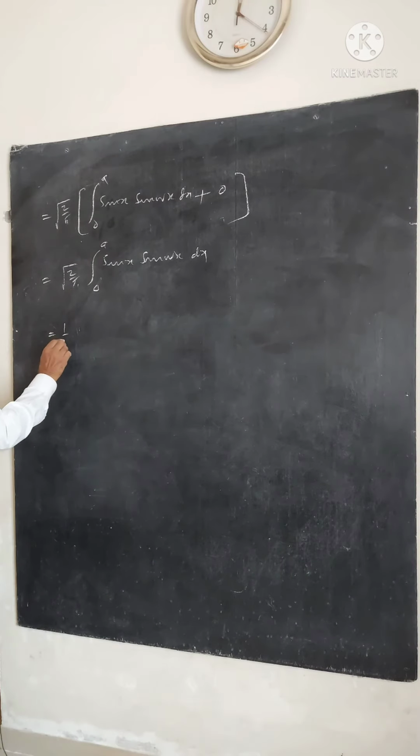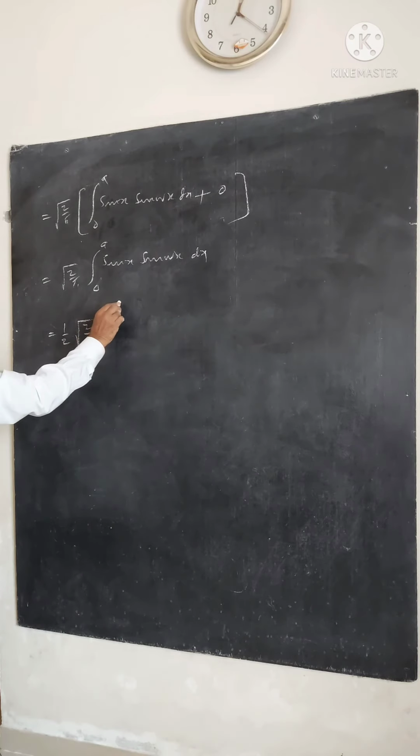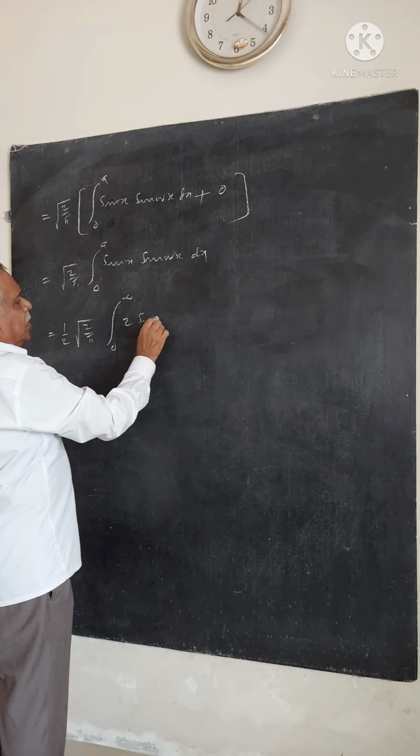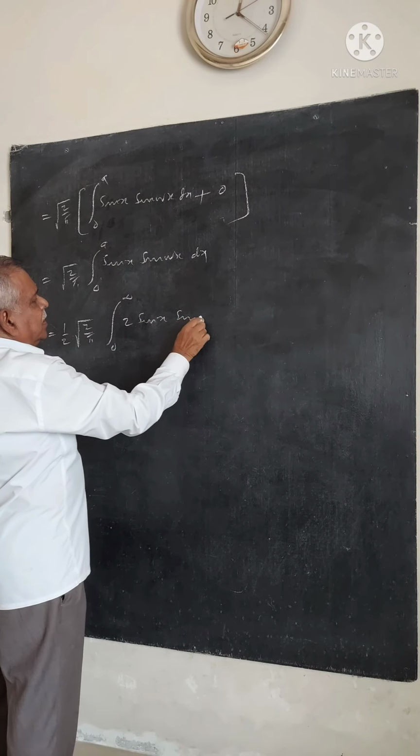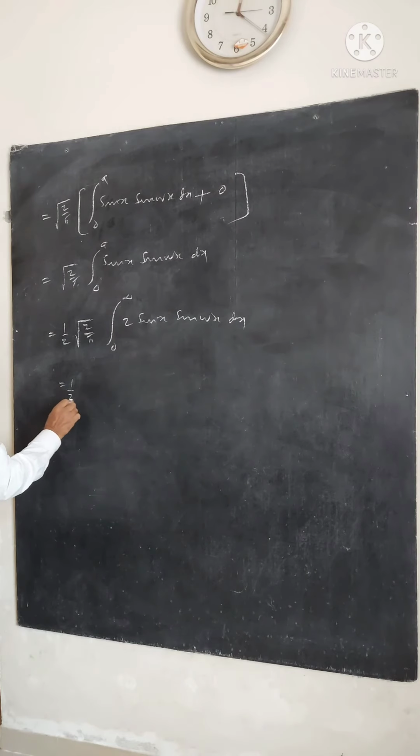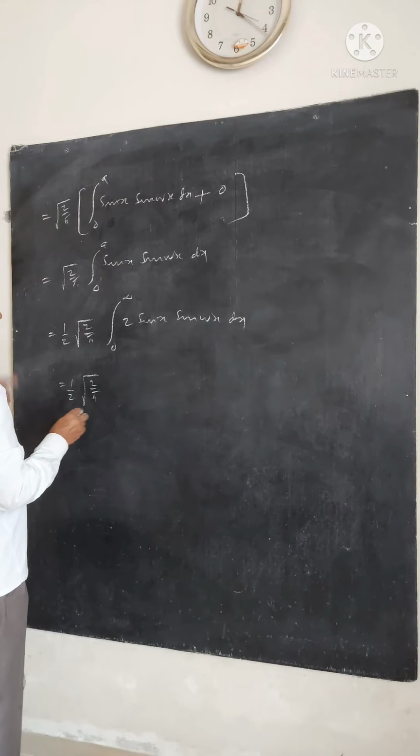Multiply and divide by 2: 1 by 2 root of 2 by pi, integral of 2 sin x sin omega x dx from 0 to a.